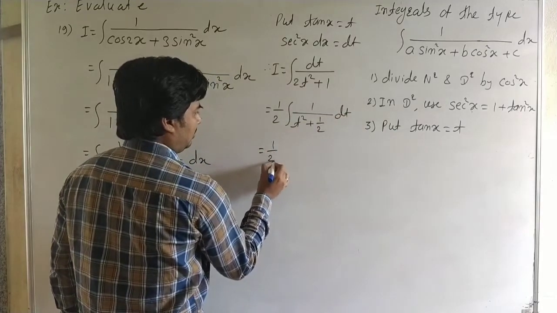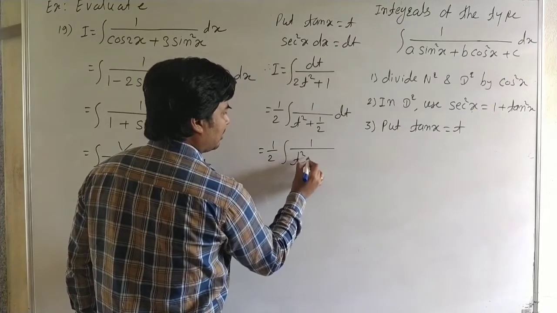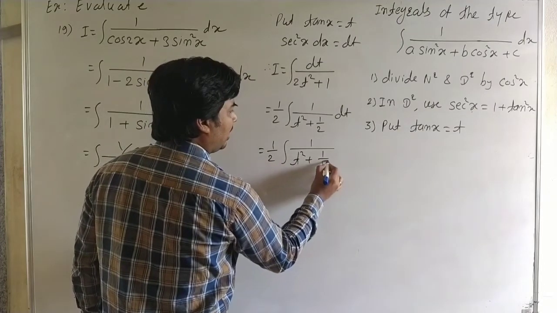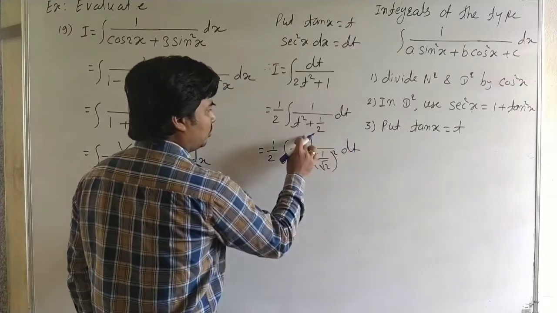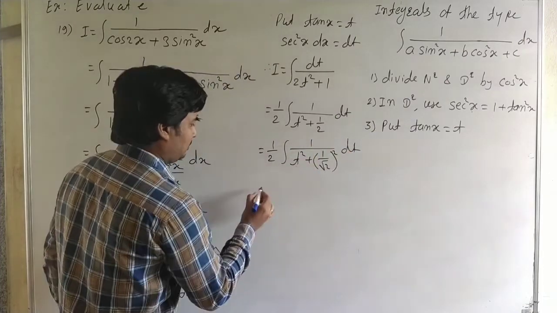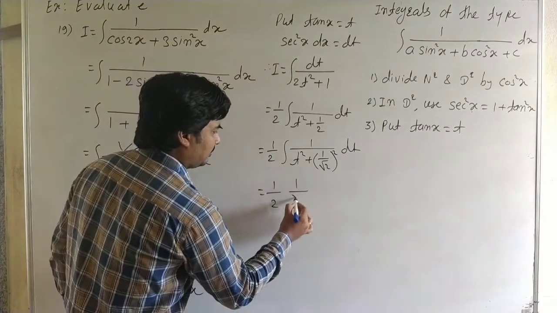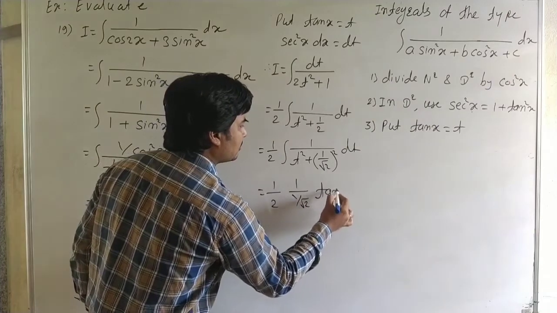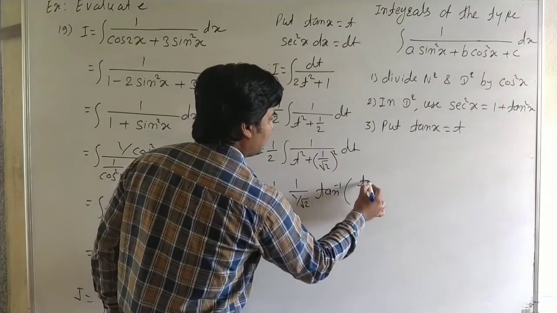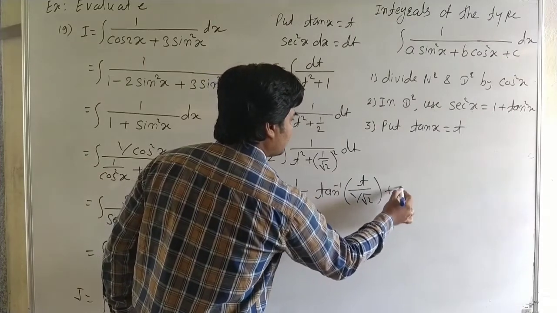Then 1 by 2 into the integral of 1 upon t square plus (1 by under root 2) square dt. It is 1 upon x square plus a square, and then it is 1 by a tan inverse of x by a, that is t upon 1 by under root 2, plus c.